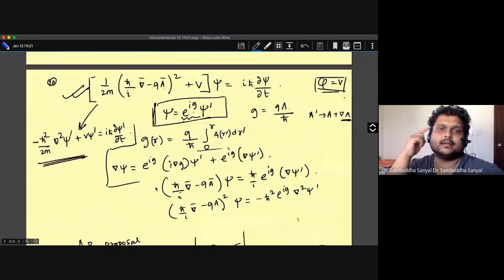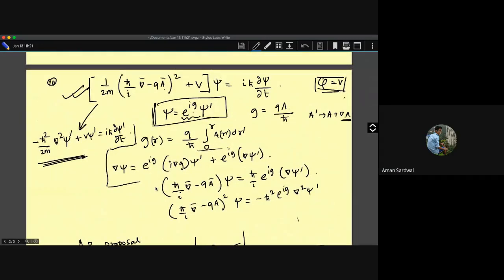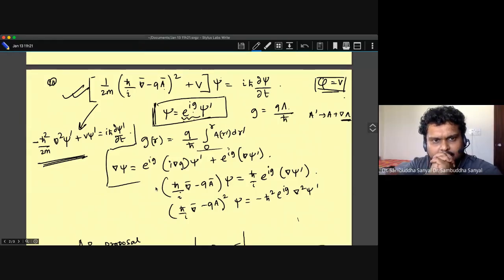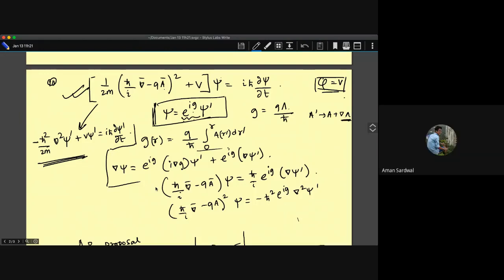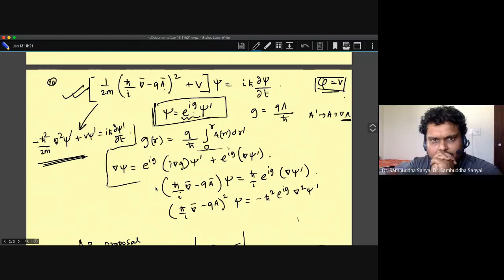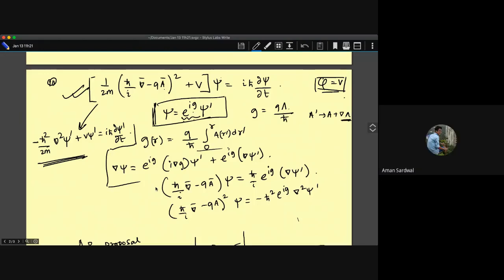Yeah, here. These two are not related by gauge transformation. I mean, A and V are not related by gauge transformation, and psi prime is the wave function we change to.